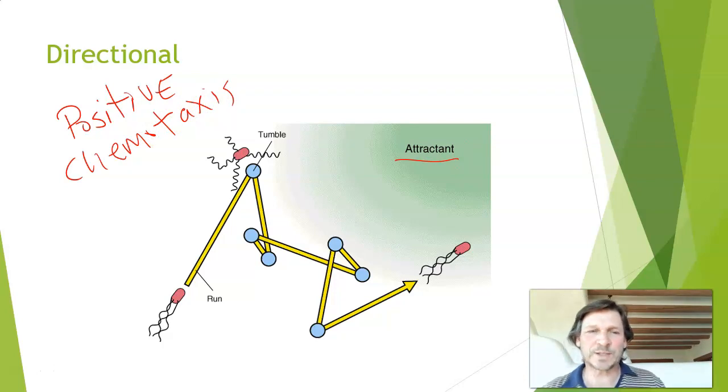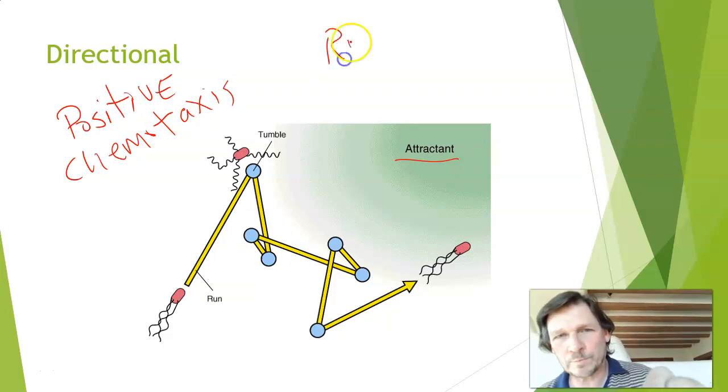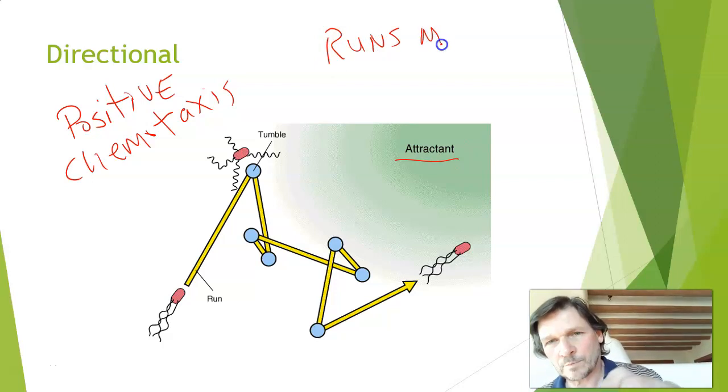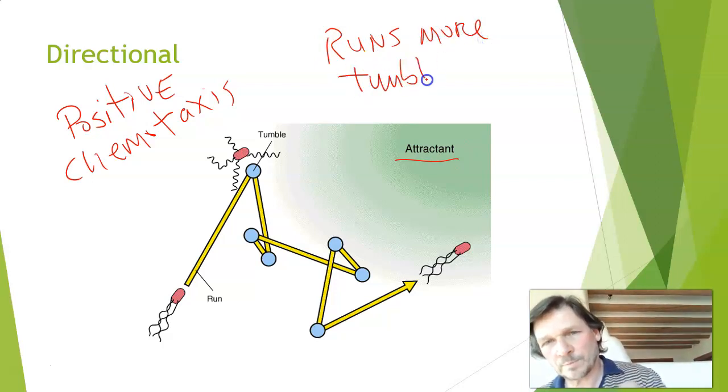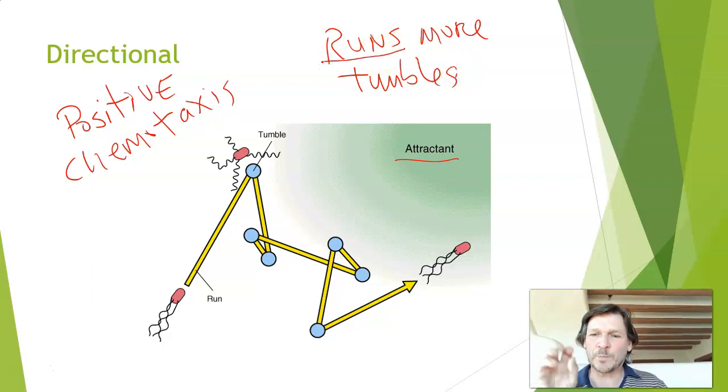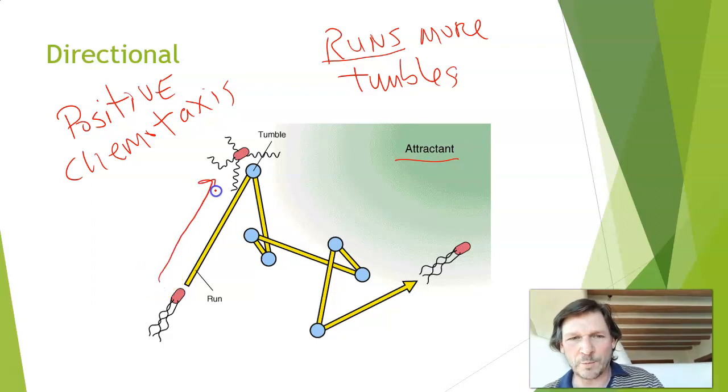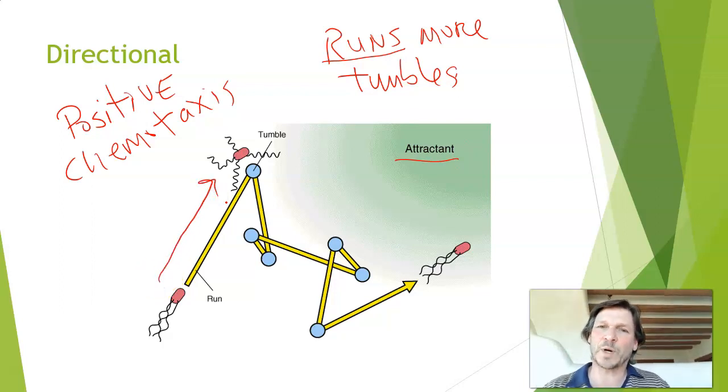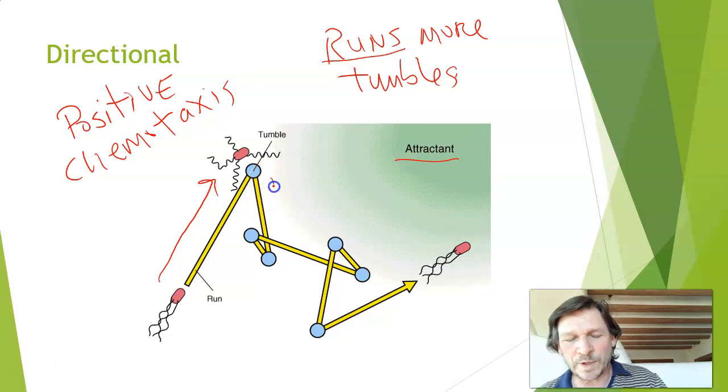Simply what happens is that it runs more and it tumbles. So when these receptors are getting a positive stimulus, right, it will allow it to run more. So basically, as long as it's getting a positive stimulus, it reduces the amount of time it tumbles, right? When it's moving away from the stimulus, it will actually cause it to tumble more frequently.